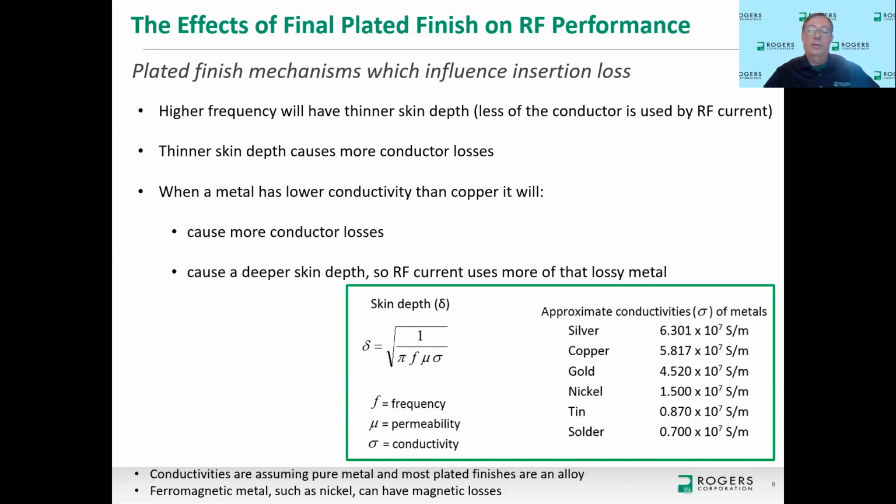A lower conductivity metal also causes a thicker skin depth. So not only does the lower conductivity cause more conductor losses, but the RF current is also using more of that lossy metal because you have a thicker skin depth. So these are some of the things to think about.